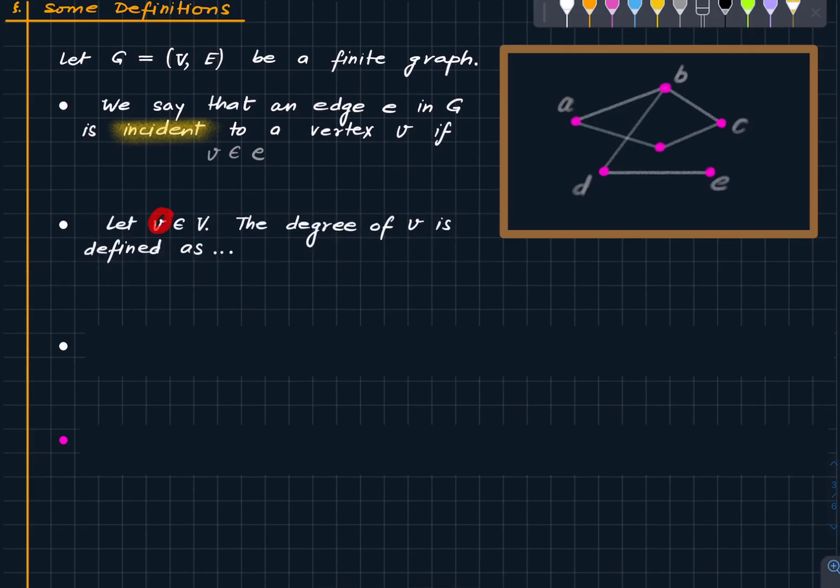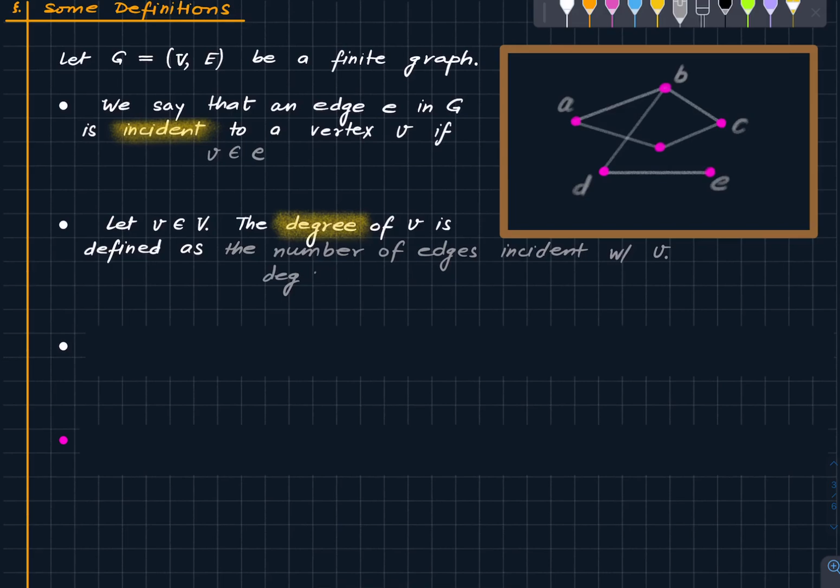For a vertex v in the graph, the degree of the vertex v is defined as the total number of edges which are incident with it. That's the definition of degree. And this has a notation: we write deg, and we put v in brackets or not.